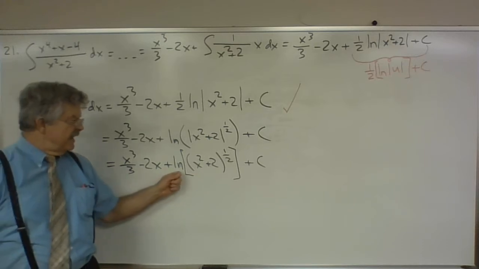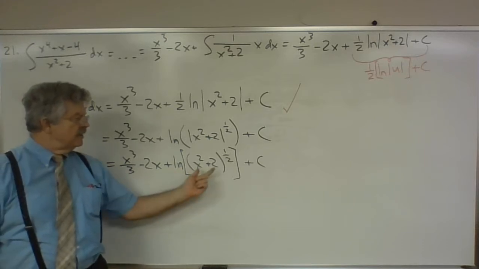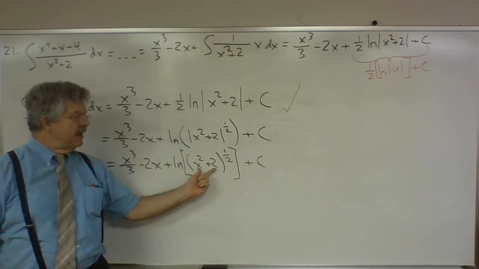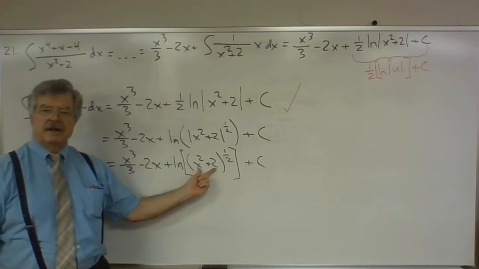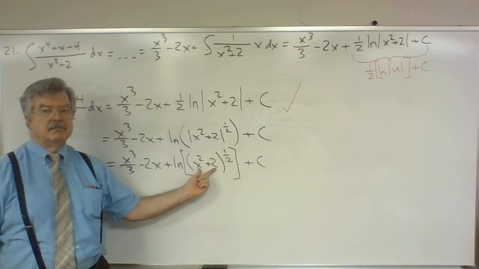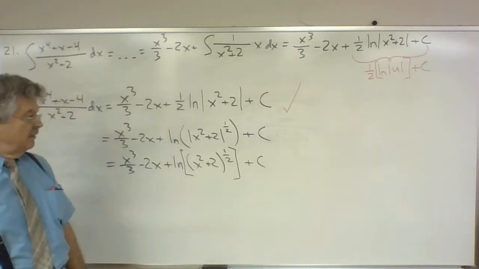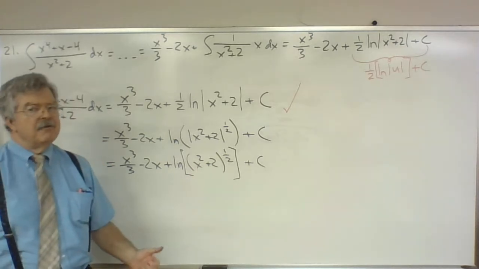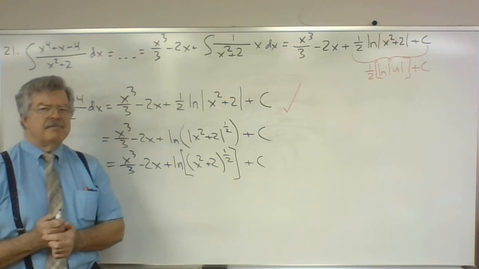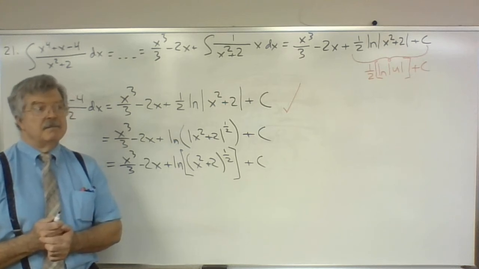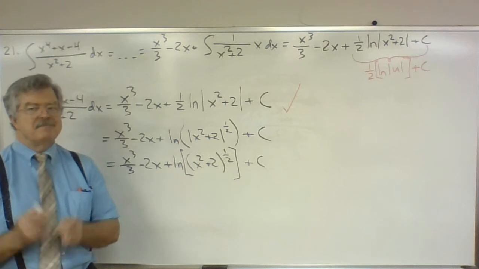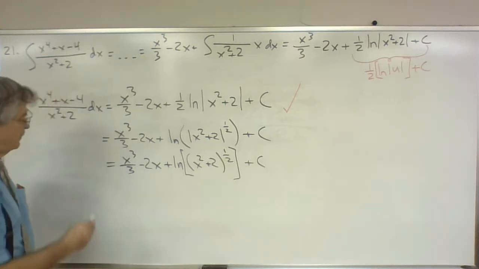So inside the natural log function, what I'm doing is raising x squared plus 2 quantity to the 1/2 power. Well, if we're raising something to the 1/2 power, that's the same as doing what? Yeah, computing the square root.